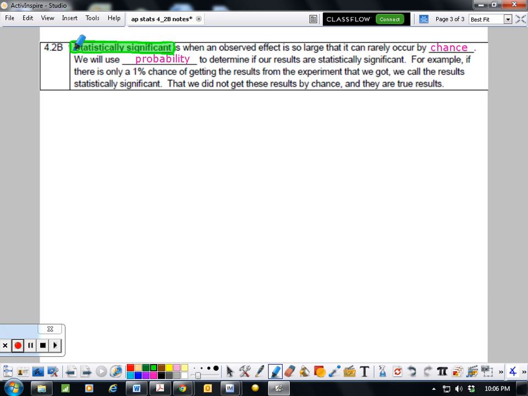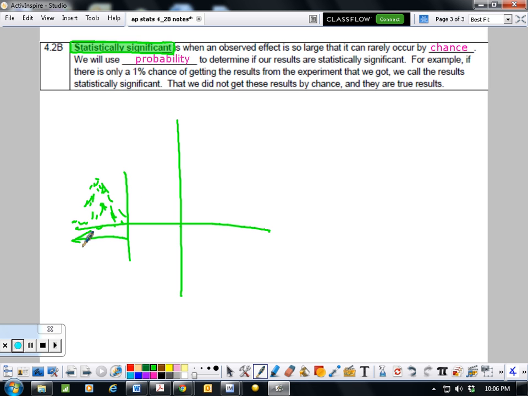For example, on our dot plot, if this was our 0 line and all of our dots were over here, that looks like a big enough difference from 0. Everything's over here.